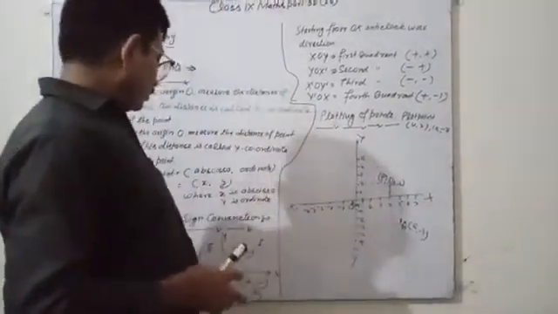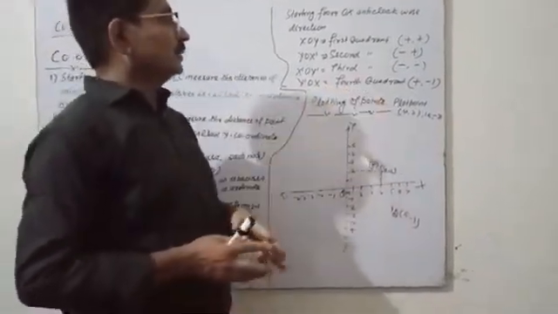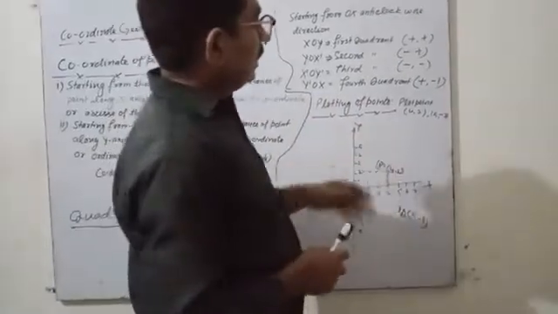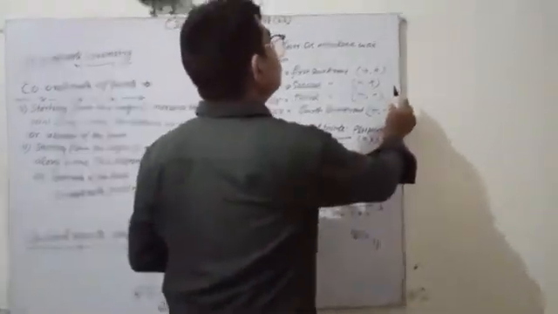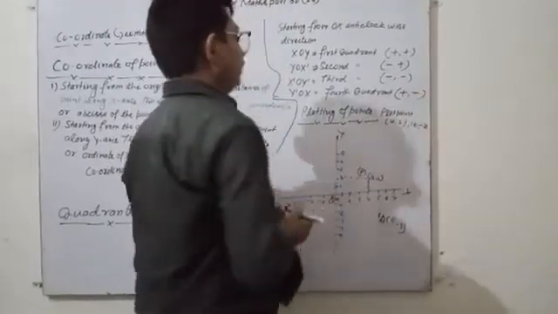And Y dash OX, the fourth quadrant, has positive abscissa and negative ordinate.